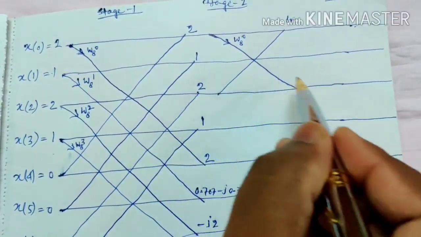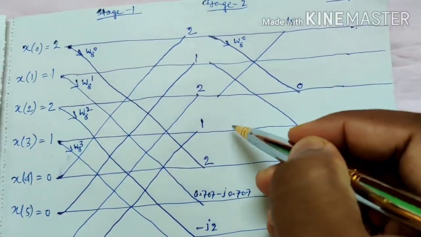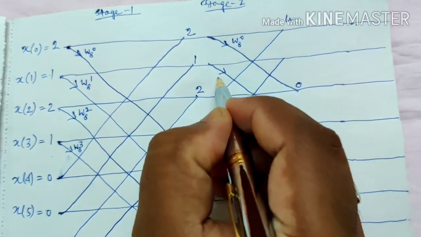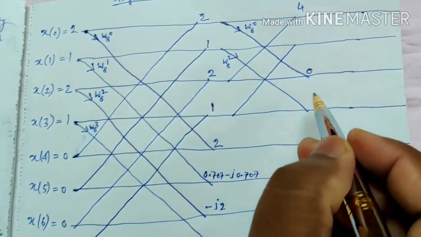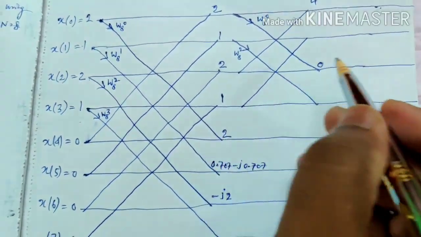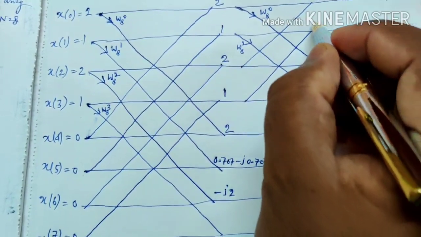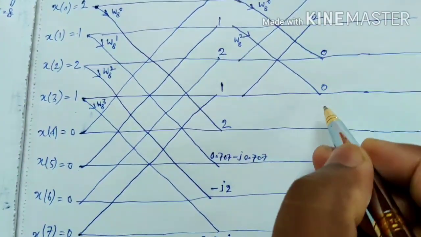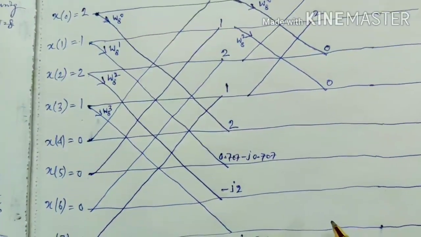Similarly for the next case, the twiddle factor is omega 8^2, that is minus j. So the multiplication will be 2 and that will be 0. So similarly for the next step.